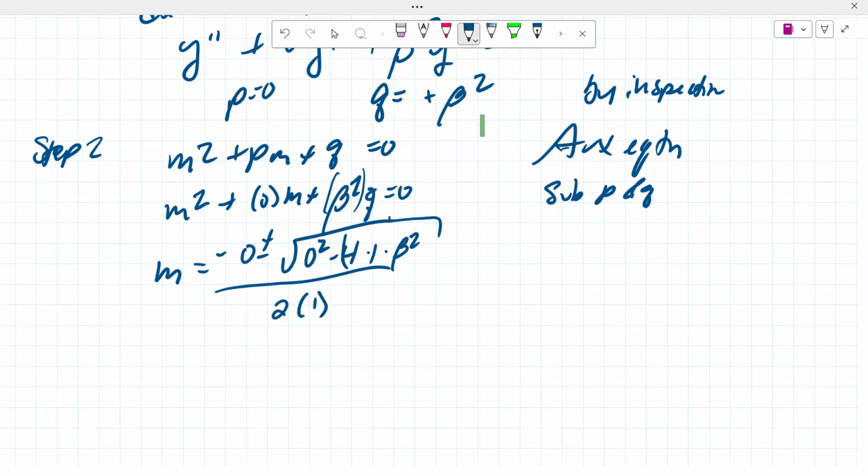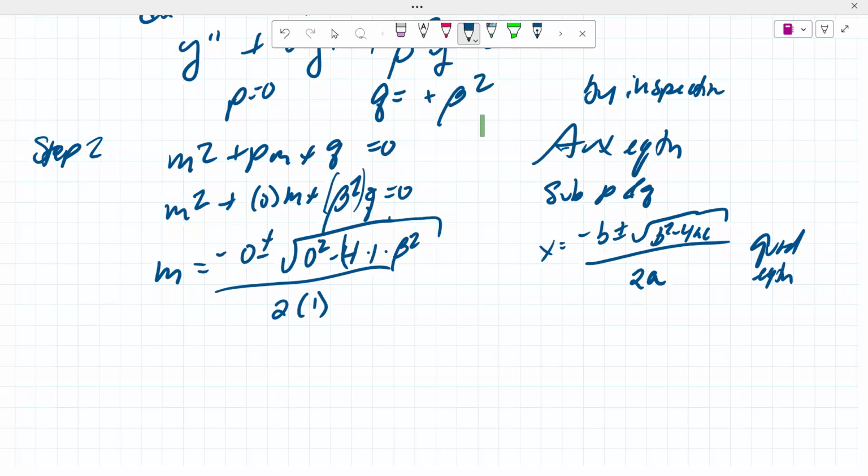This is just the quadratic equation, which I've just filled out.